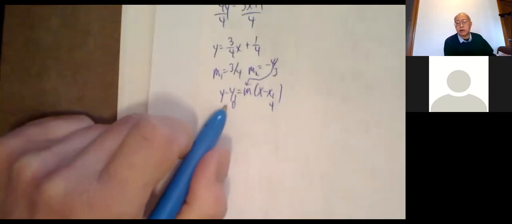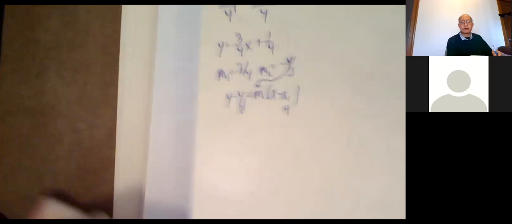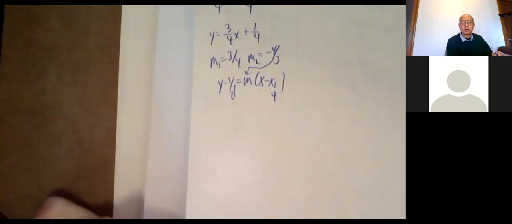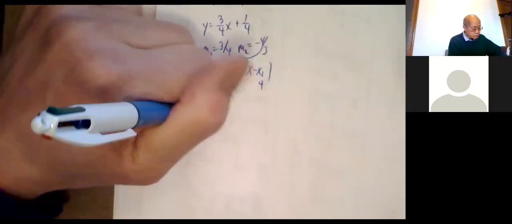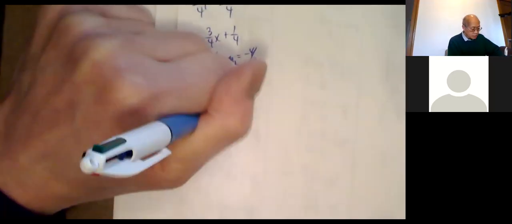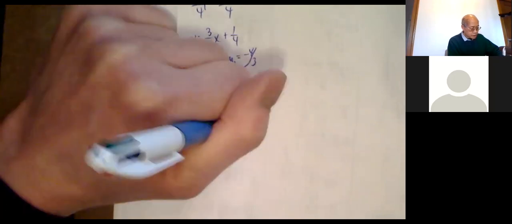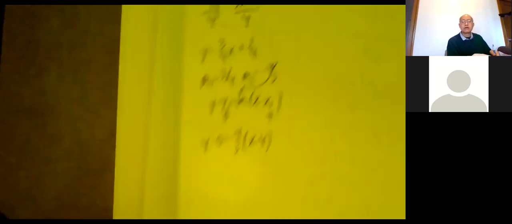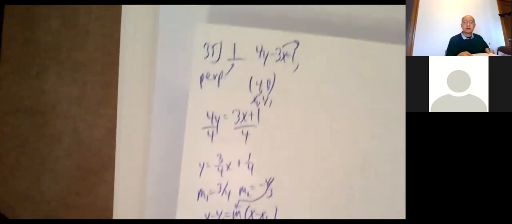Oh, I like subtracting 0, right? When you subtract 0, you're not really doing anything. So y minus 0 equals negative 4/3 times (x minus 4). Okay, let me raise it up a little bit.